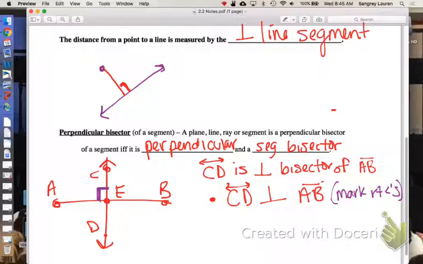Now, the segment bisector. We have two thoughts whenever there's a segment bisector. Your first thought is that there is a midpoint. Now, line CD is the one doing the bisecting to segment AB. So AB is getting the midpoint. So E is the midpoint of segment AB.